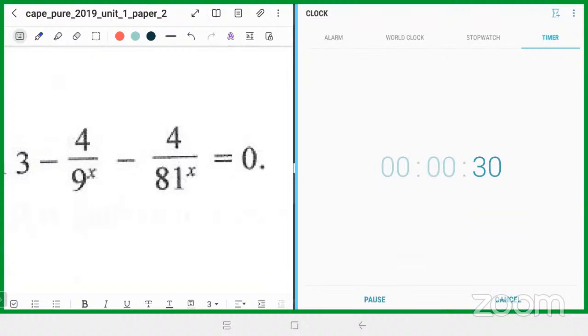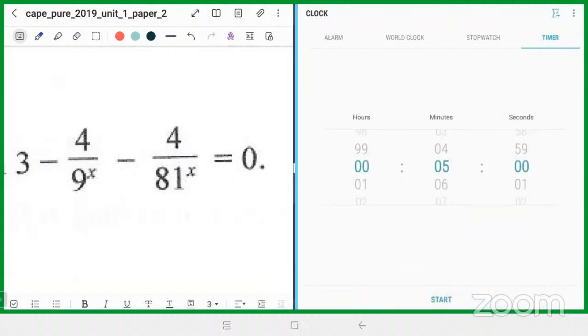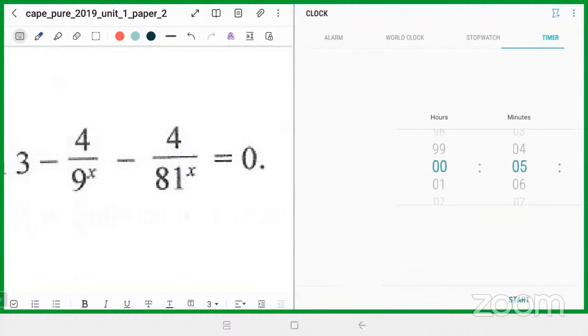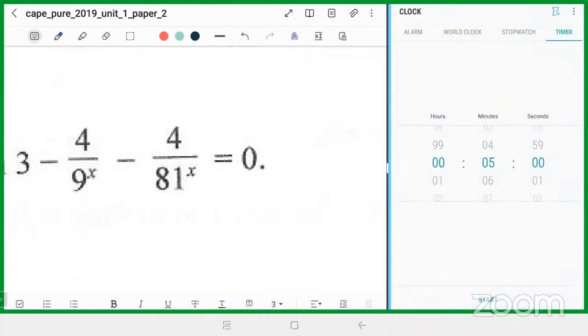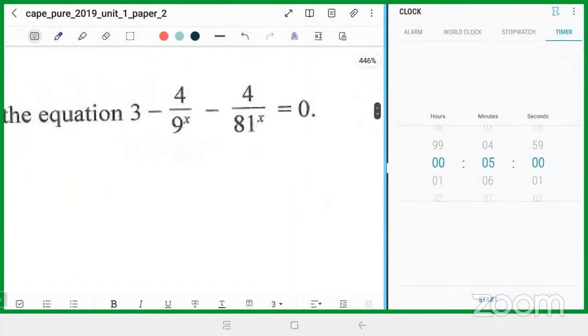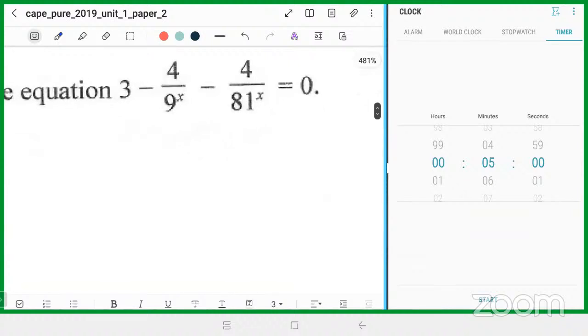All right, I'm gonna stop it now. All right. This one is another equation.